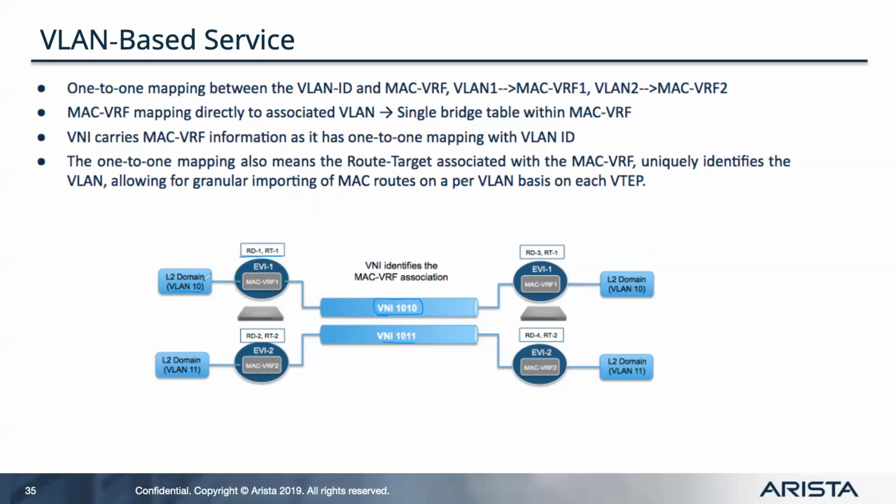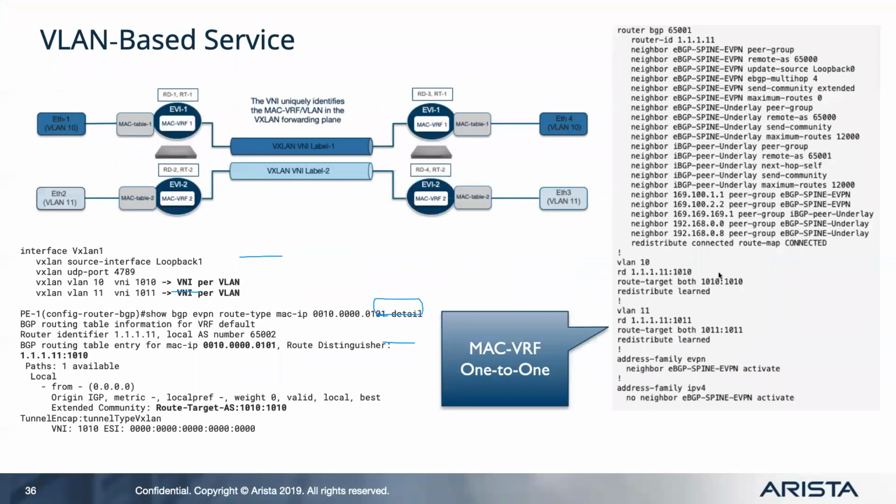If you are configuring VLAN base L2 VPN, obviously under BGP you have to configure VLAN 10 and all that, all this what we have seen before. But you also have to configure this, which is in the next slide: VLAN 10, VNI 1010, VLAN 11, VNI 1011.